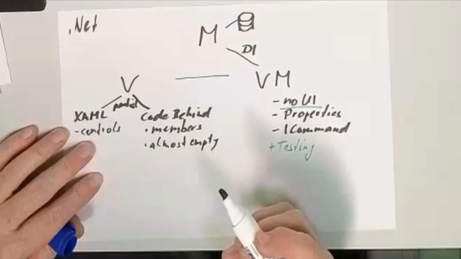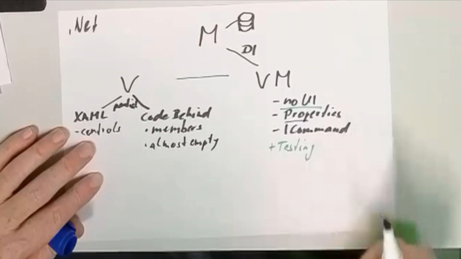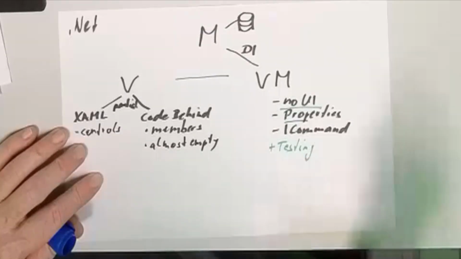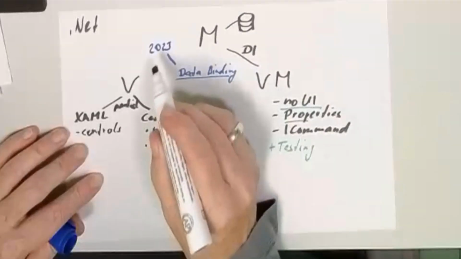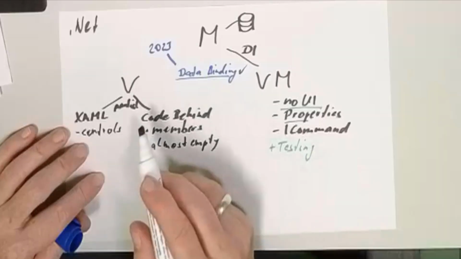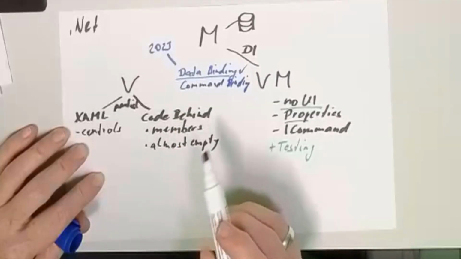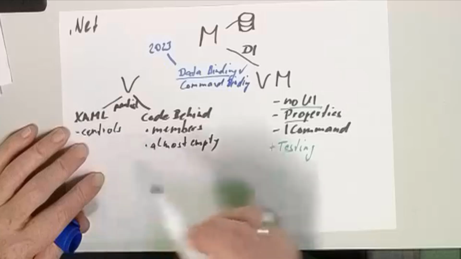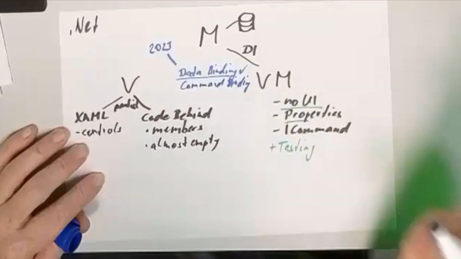You use data binding to synchronize your properties with the controls of your UI, like you enter a name, the property name will be changed. This exists in Unity since 2023, so great. And in MVVM, you use command binding, where, for example, you bind a button of your UI to a command in your view model to save data into your database, for example.